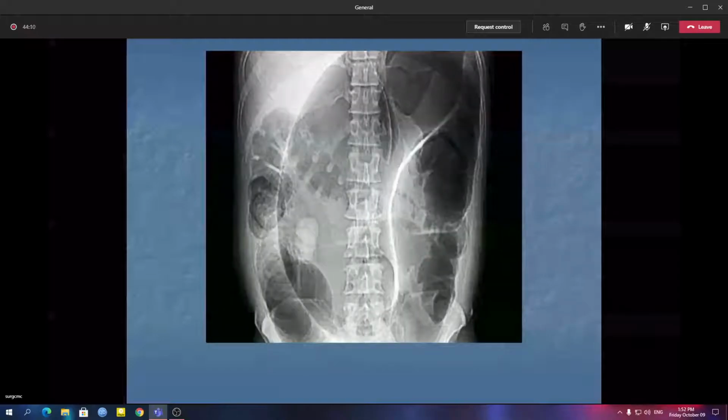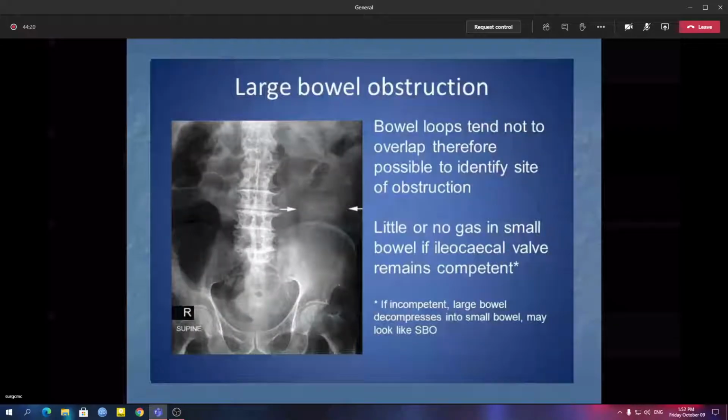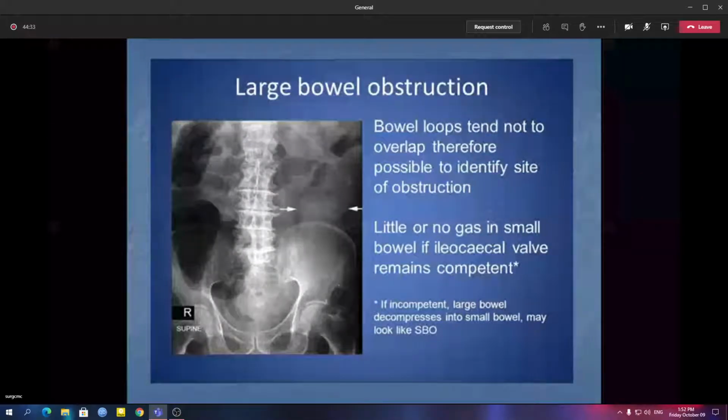Now this is a picture of large bowel obstruction, hugely dilated bowel loops. In the large bowel obstruction, you can see the dilated bowel loops laterally, and the small bowel gas amount is much less if the ileocecal valve is competent, because the ileocecal valve is made to transmit whatever from ileum to cecum.